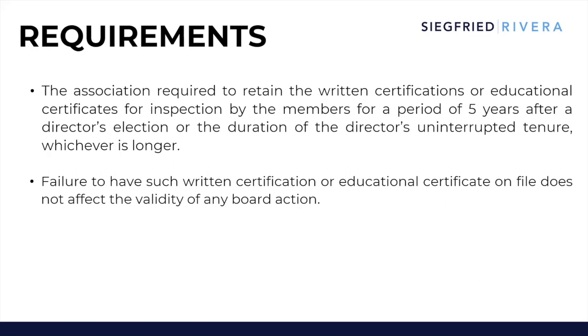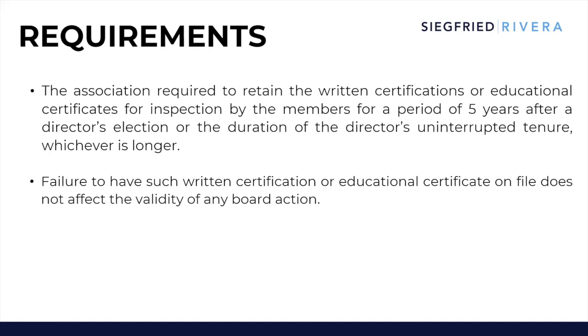Also, condominiums containing 150 or more units are required to post the written certifications and education certificates for their directors on the association's website in order to comply with the website requirement for condominiums.